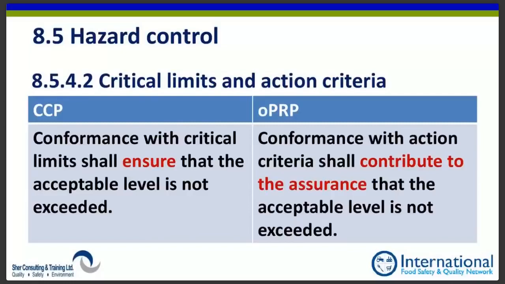Because what it says is that for an OPRP, conformance with action criteria shall contribute to the assurance that the acceptable level is not exceeded. Not ensure, but contribute to the assurance. Now, that is wording that is a little slippery, and I don't like it. I don't want anything to contribute to the assurance. I want it to ensure. There should not be a difference, in my opinion. So I'm willing to argue that.